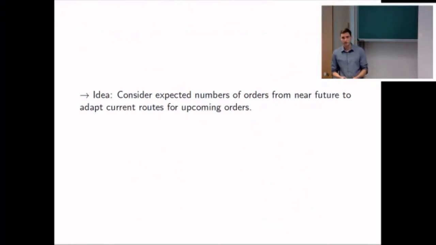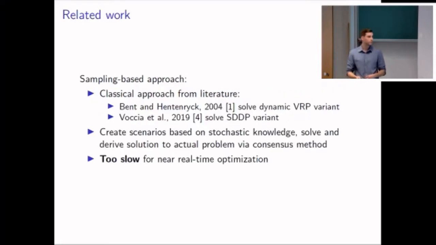So what do we have to do to consider these problems and improve our solution or our algorithm? Well, we have to use the stochastic information given to us and adapt our routes for upcoming orders. So what we did next was look into the literature, and we found mostly sampling-based approaches.